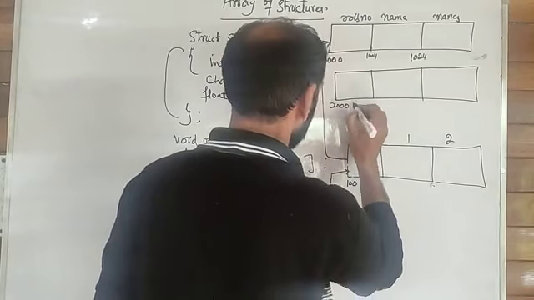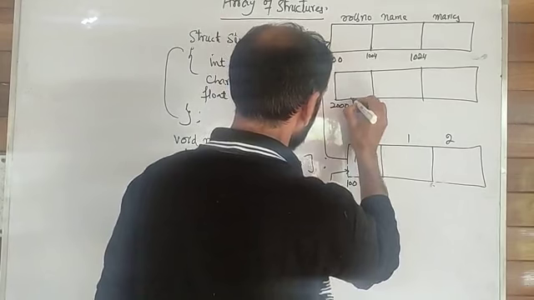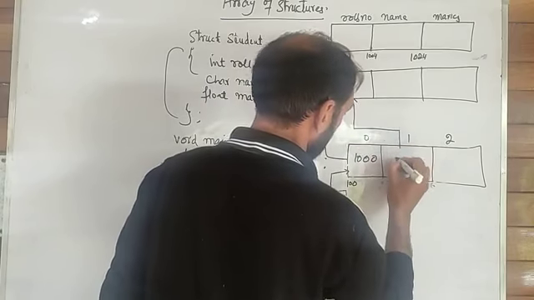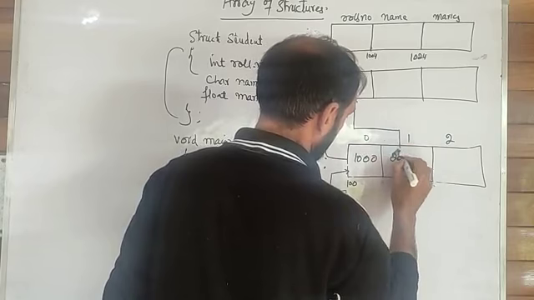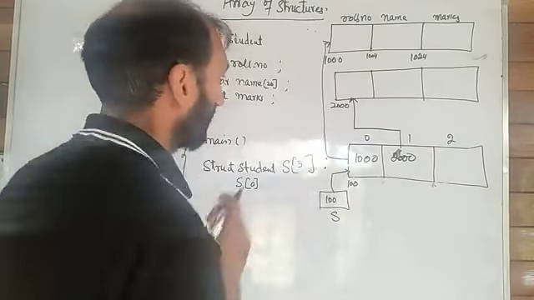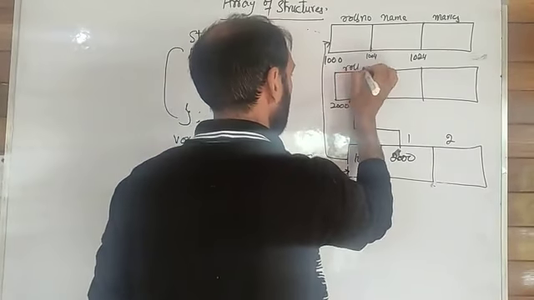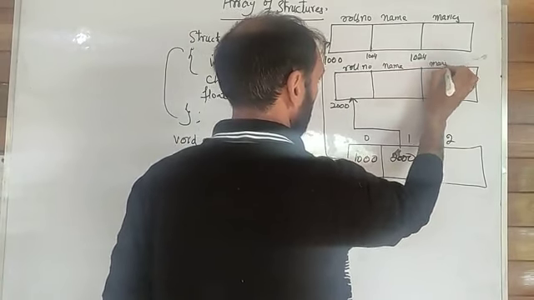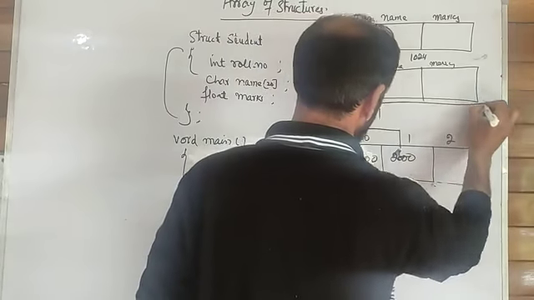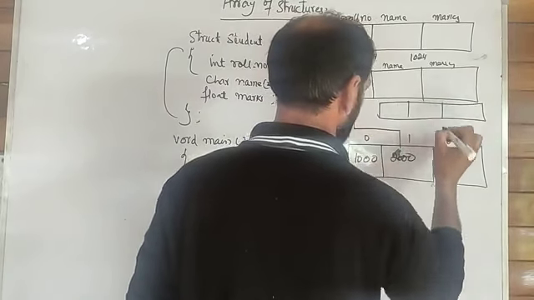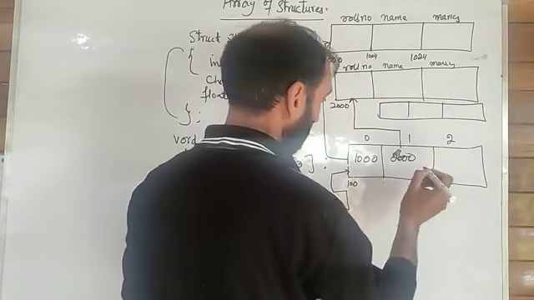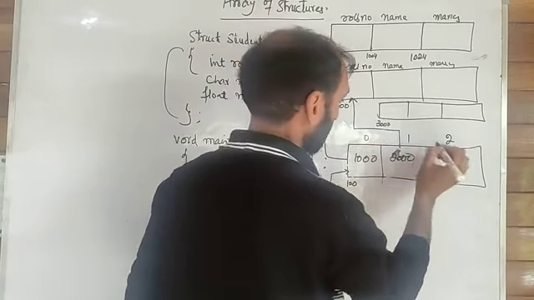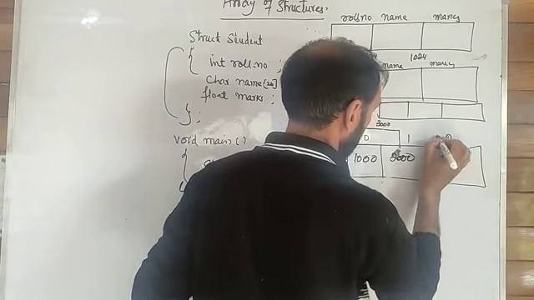S of 1 will get stored here. We can say 2000 is pointing to this location, and it holds the roll number of the second student, name of the second student, and marks of the second. Similarly, for example, it has the base address of 3000, and 3000 is going to be stored here.